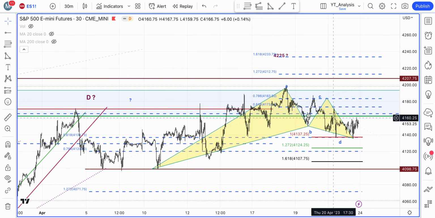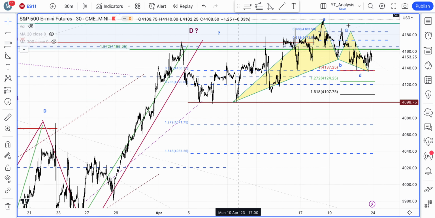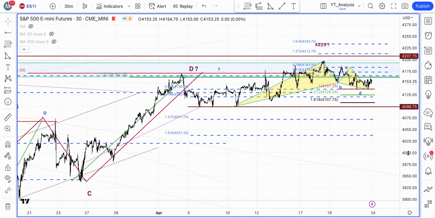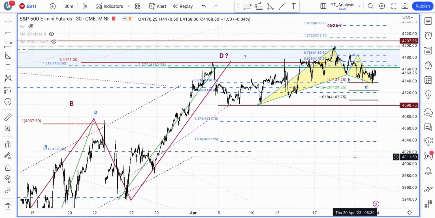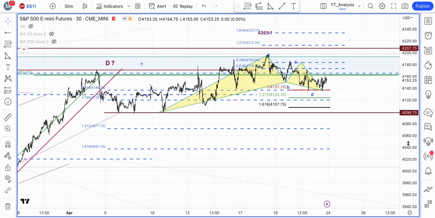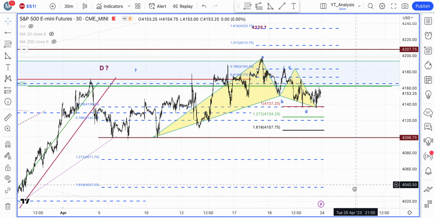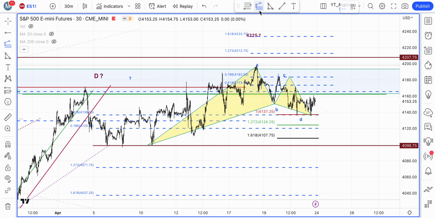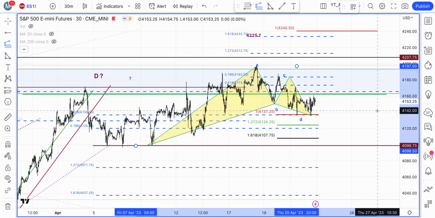Now, I have not looked at any other ABCD of a smaller degree, but there might be some other ABCD which could actually take us there. And in fact, let's try to do this. And there we go.